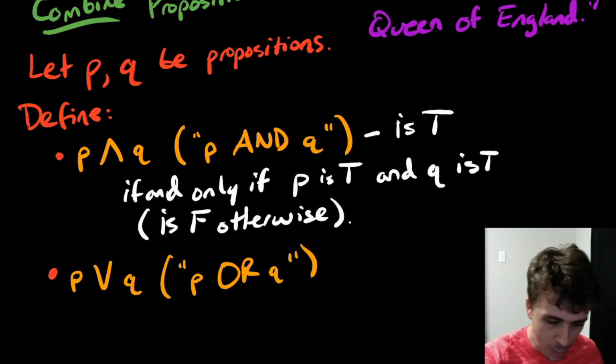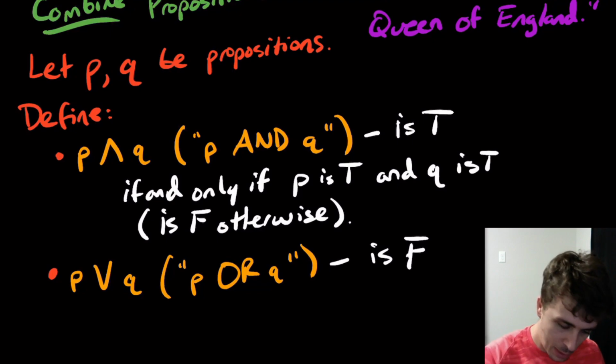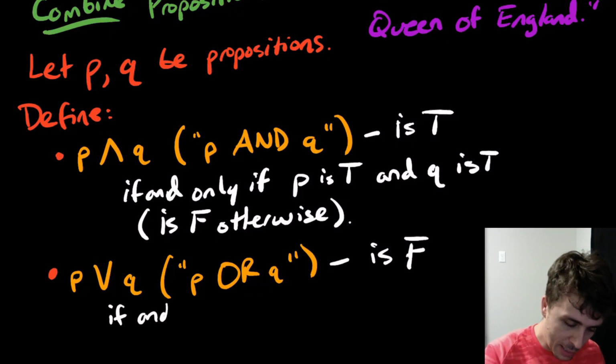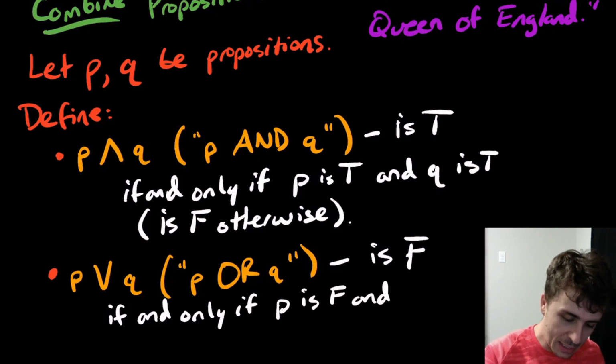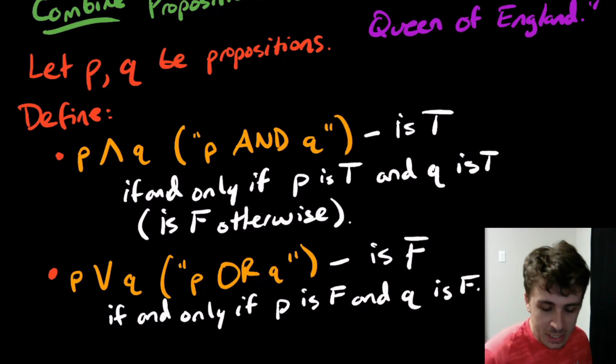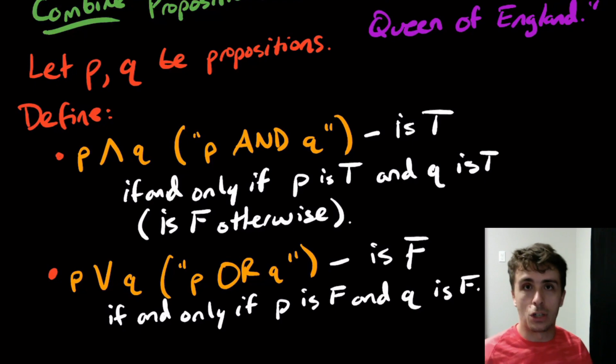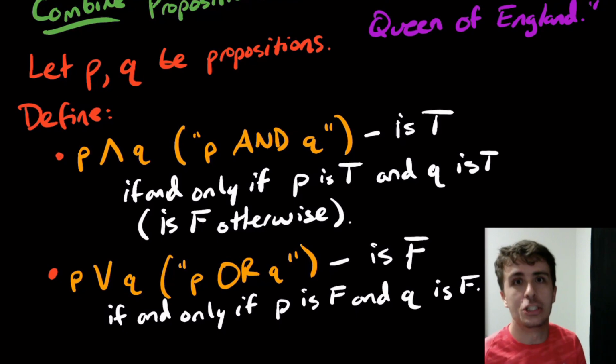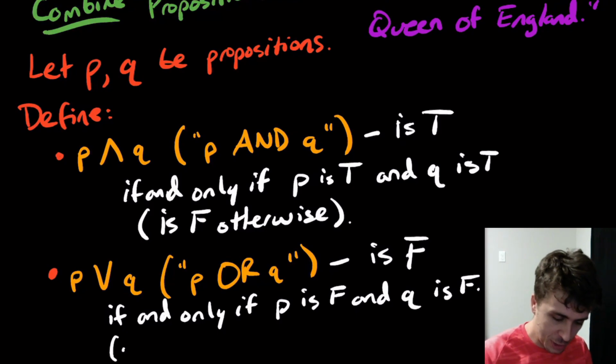So the way I'm going to write this is false if and only if P is false and Q is false. Okay, so if it's not the case that P is false and Q is false, meaning one of them is true, then this is true. So then I should say is true otherwise.